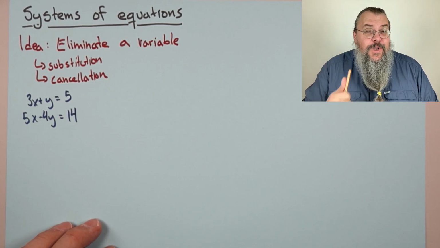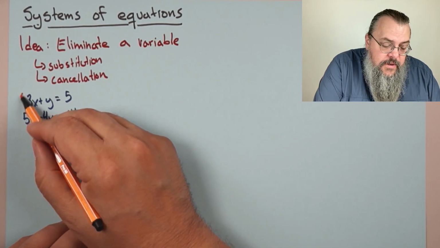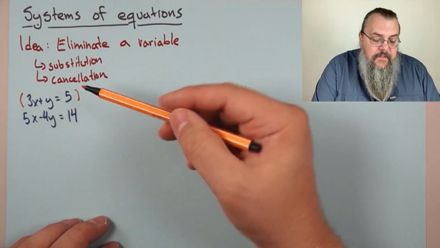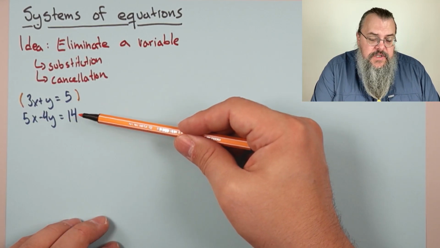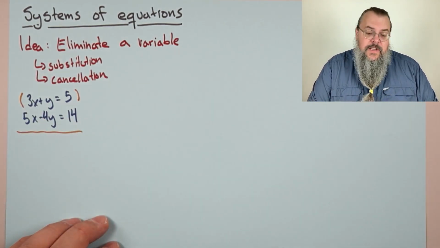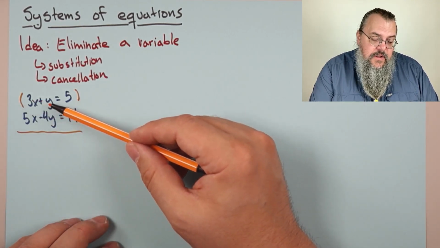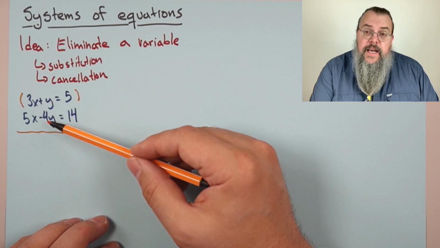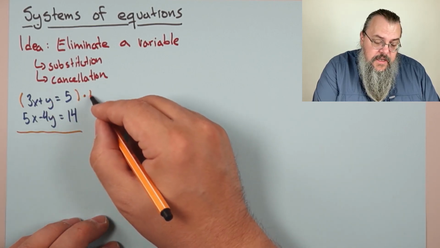A coefficient of 1 is really good to work with. So let's use that. We're going to scale this equation by some number, combine it with the other equation, and produce a new equation. What's the right number? I want something to multiply by y so that when I add negative 4y, I get 0. So I say, aha, multiply by 4.